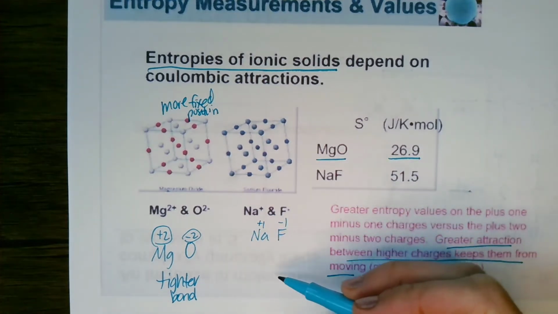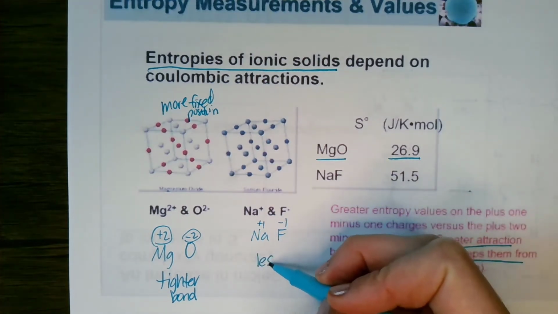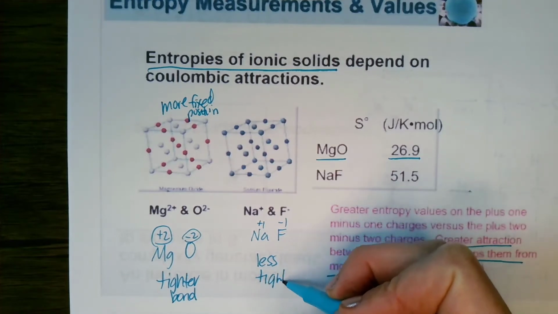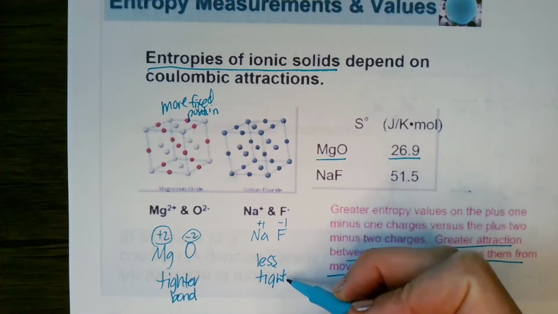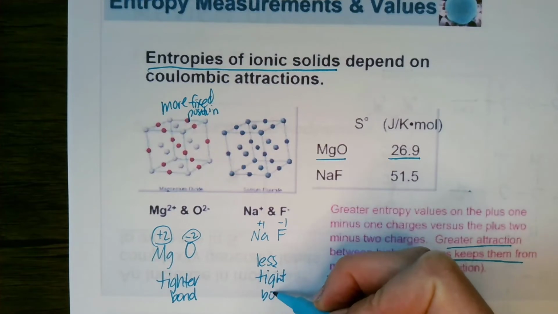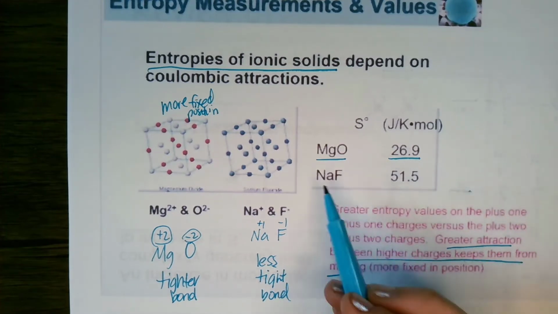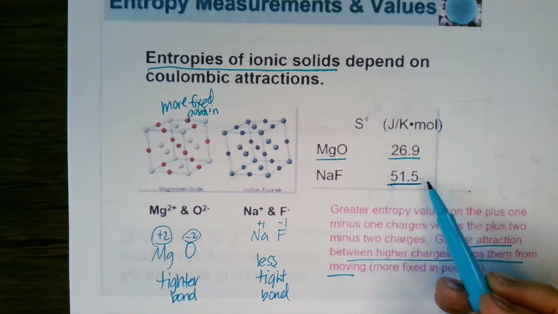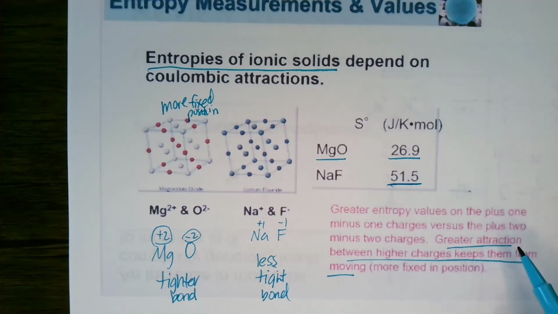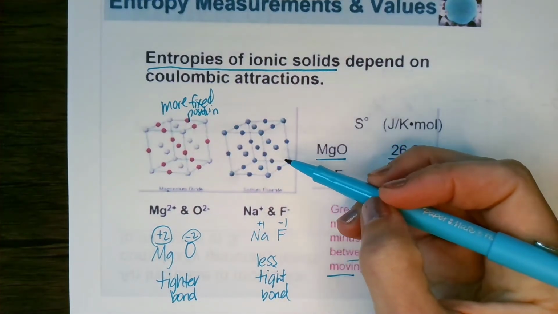And then we have our Na, our sodium, with a +1, and fluorine with a -1. It's less of a tight bond, less tight. And notice that it has a value of 51.5.